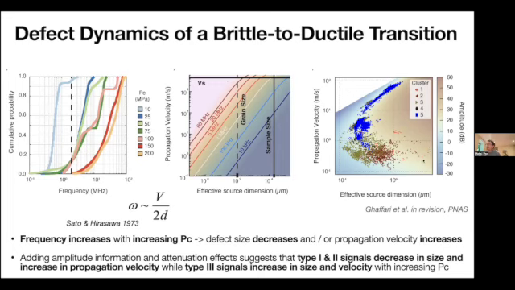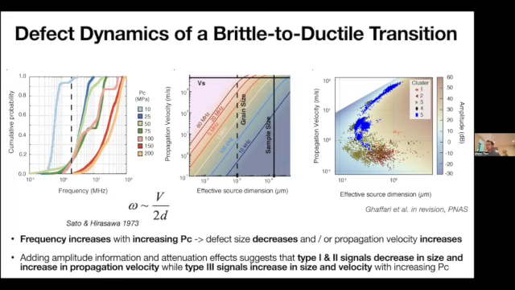the defects forming the third type, so those are the crystal plastic defects, must be propagating quite fast and must be relatively large, because we can still record them and they should be very attenuative.